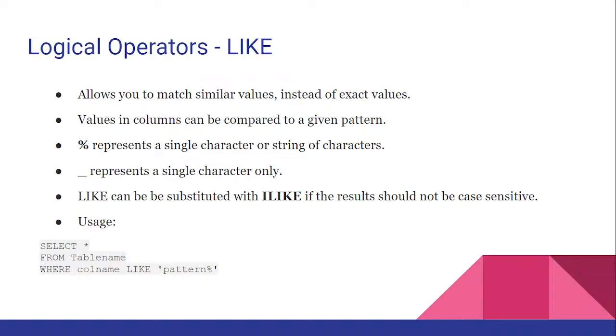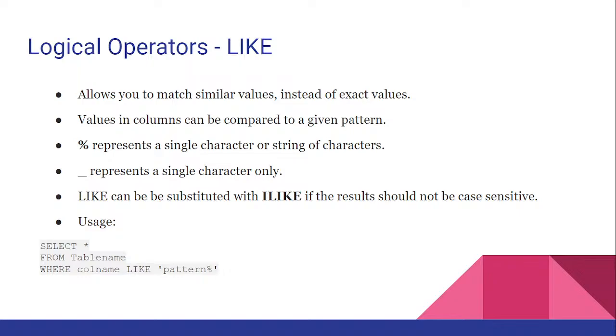It only has essentially two steps here, and the two symbols which we use are percent and underscore. What percent does is say that there is something here. It can be one character or multiple characters, but there is something here.